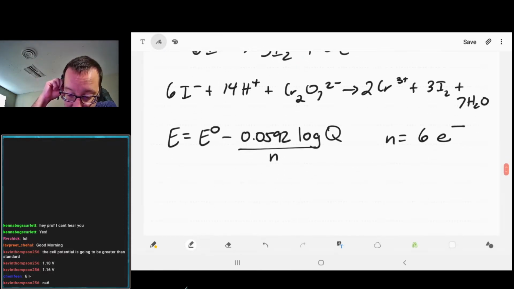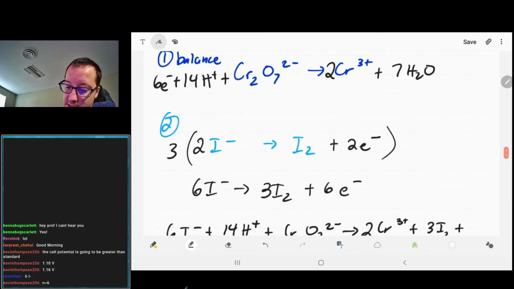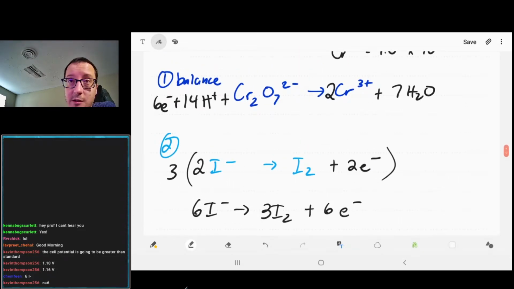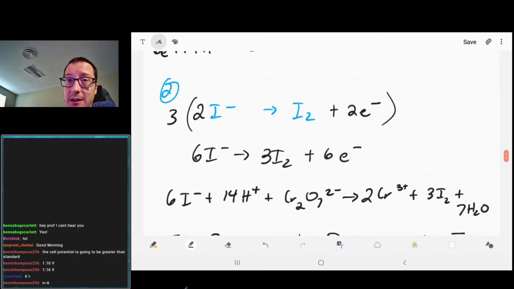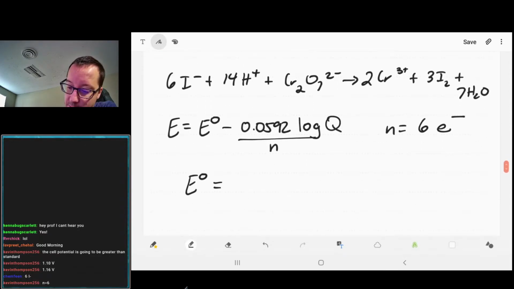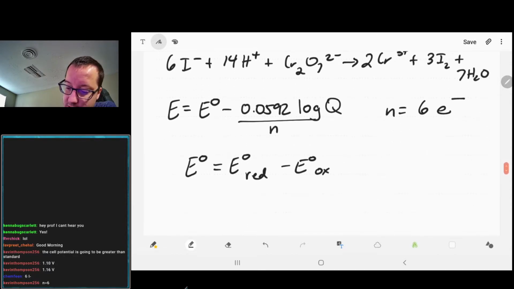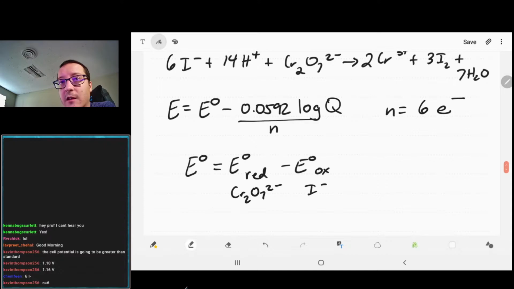We're going to have to go ahead and figure out our potential here. So we have dichromate is going to be reduced to chromium 3. And then we're having iodide be oxidized to iodine. So remember, it's going to be the cathode, which is going to be your reduction one, minus your oxidation one. The reduction is going to be the dichromate, and the oxidation is the iodide.